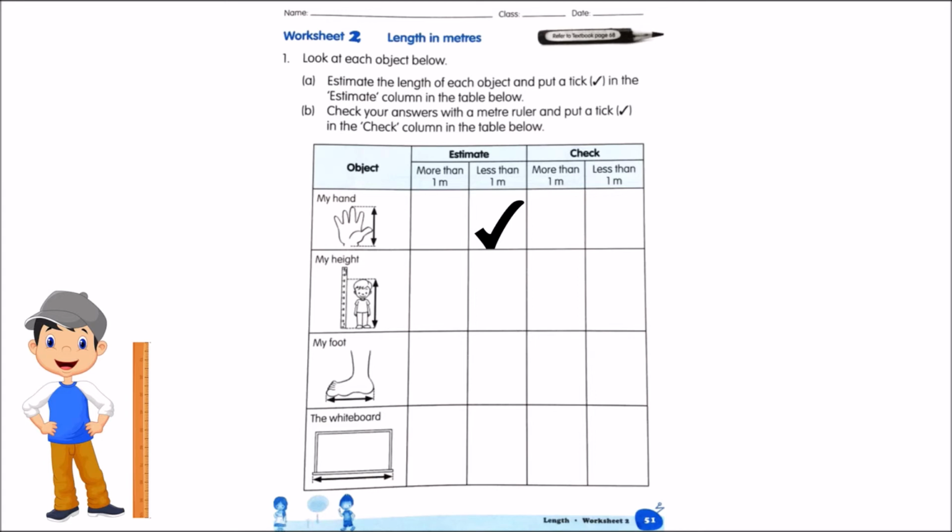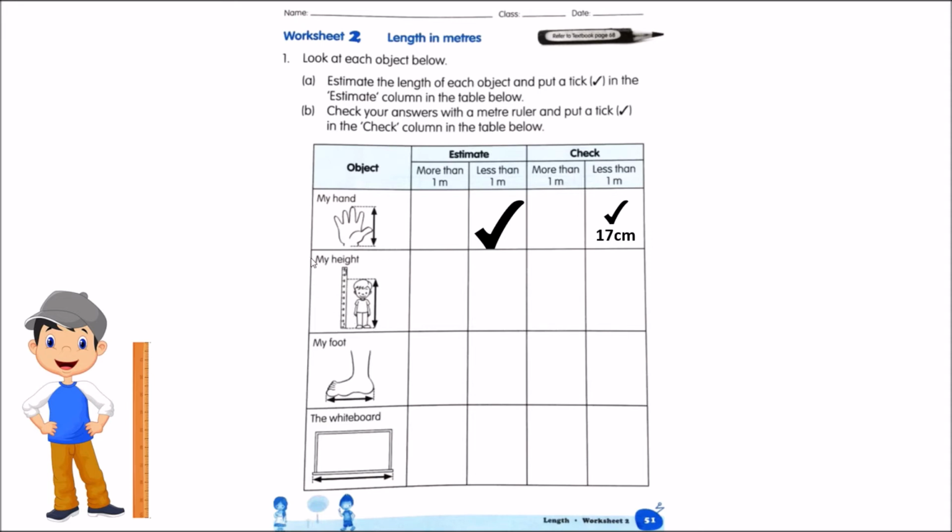Now, I've taken a ruler and I've measured my hand. And the answer is my hand is 17 centimeters. So it is less than 1 meter. So we're correct.